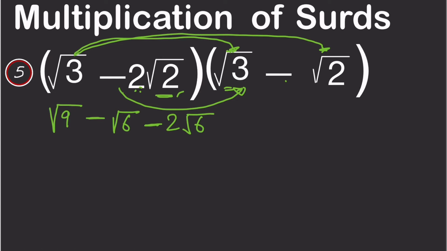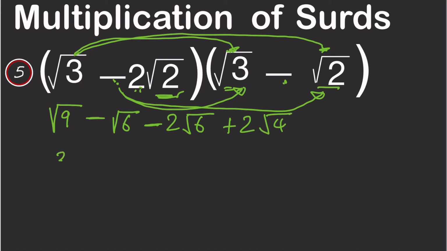So the last part to open the bracket, still you have a minus times a minus, which is a plus. Then we still have this 2, you can write it down. We are left with root 2 times root 2. Root 2 times root 2 is the square root of 4.